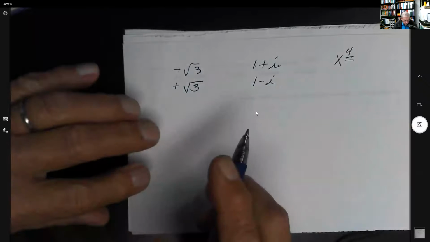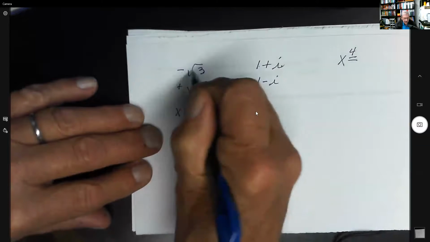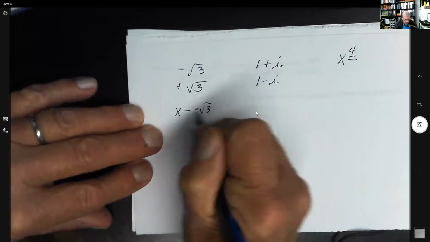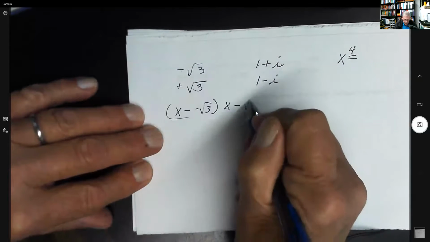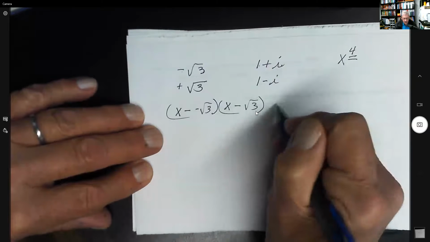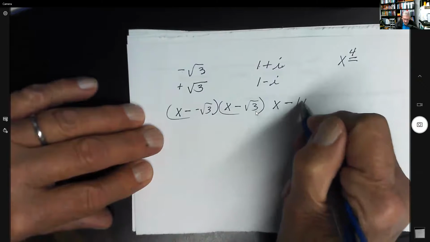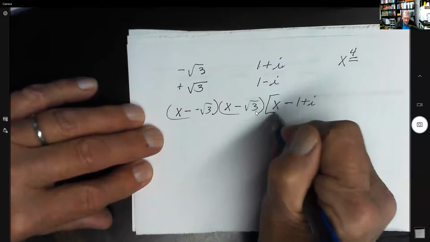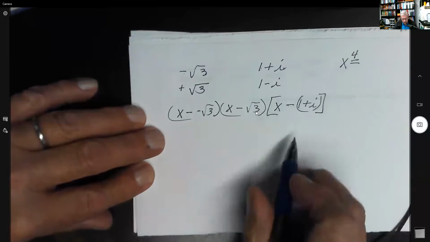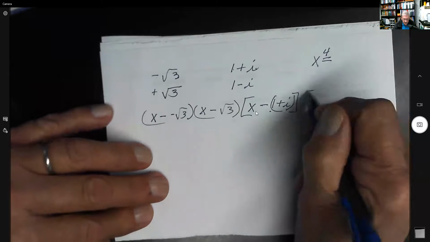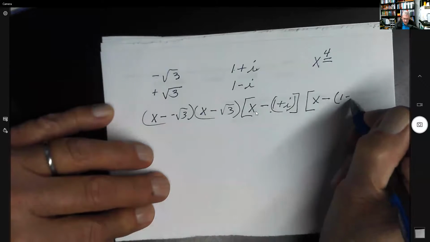Let's put them in factored form. X minus negative radical 3, x minus positive radical 3, x minus 1 plus i, and x minus 1 minus i.